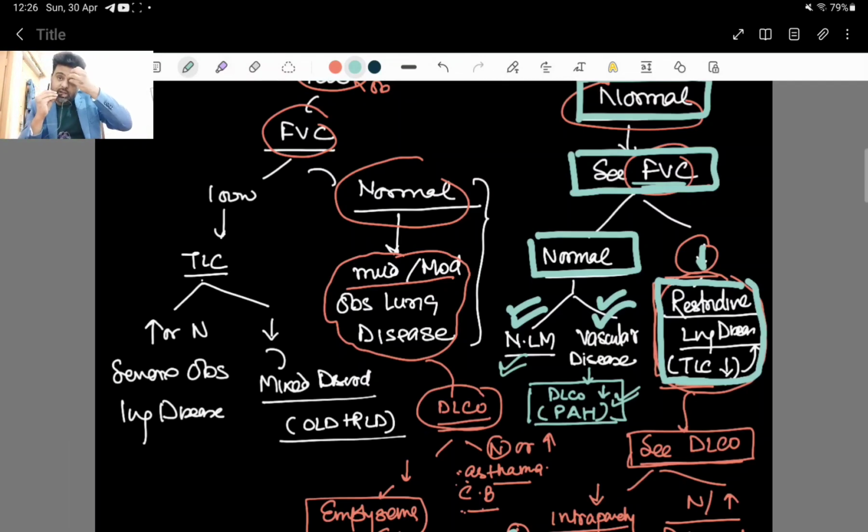I am again repeating this point: in a PFT, if FEV1, FVC, FEV1 by FVC ratio, everything is normal, but the only thing that is reduced is DLCO, then you can easily make the diagnosis that this person is suffering from primary pulmonary artery hypertension.